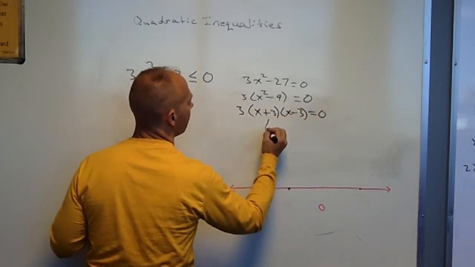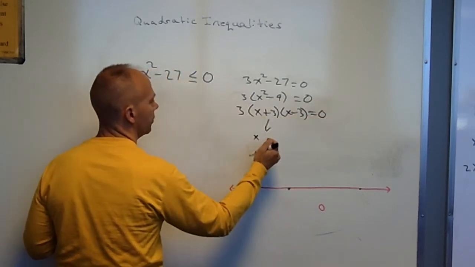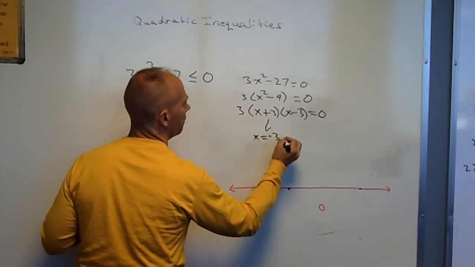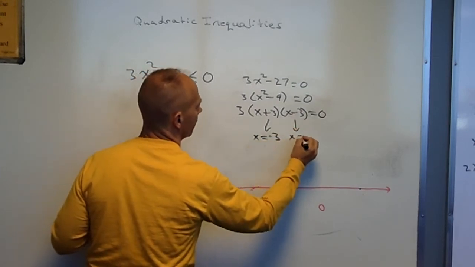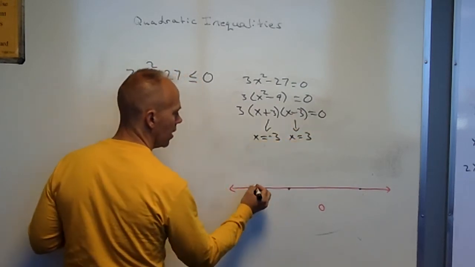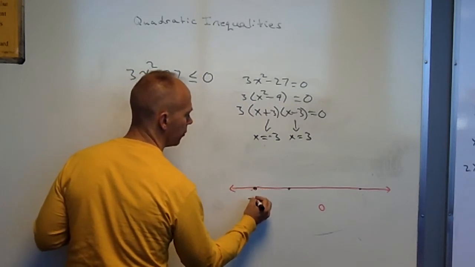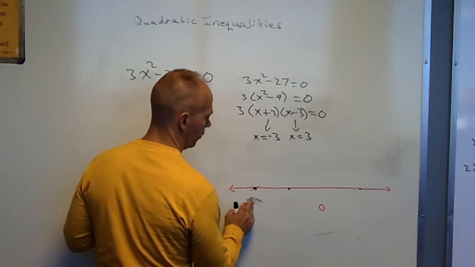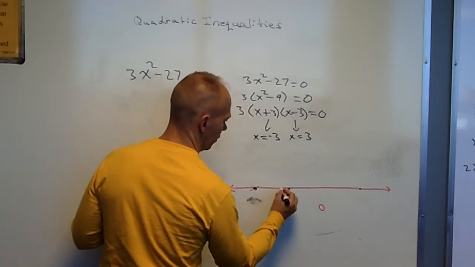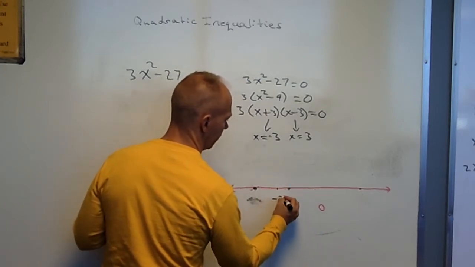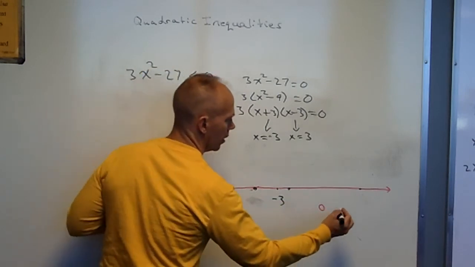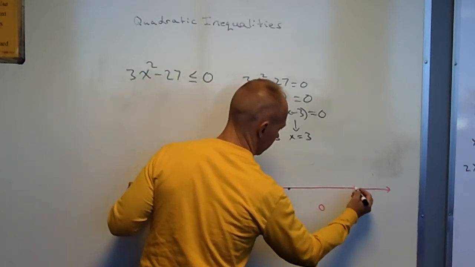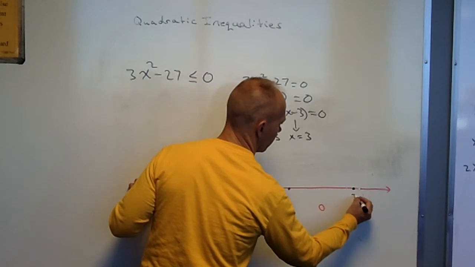So that's going to factor like x plus 3, x minus 3. And my jumping off points, that factor is going to yield x equal -3, and that one's going to yield x equal 3. And so just like before, I'm going to put those on my number line. Oh, that's way too far out. 0, I'll call this about -3 right there. And we'll call this one right here 3.